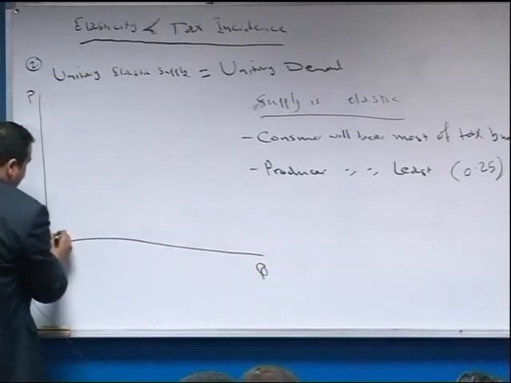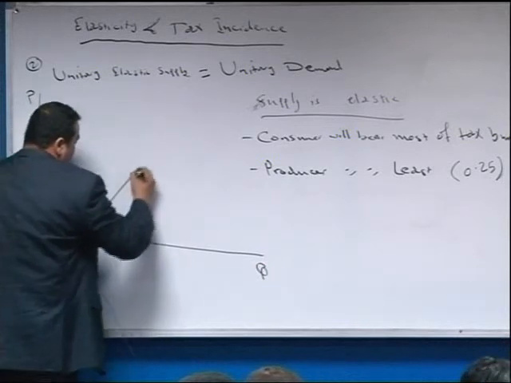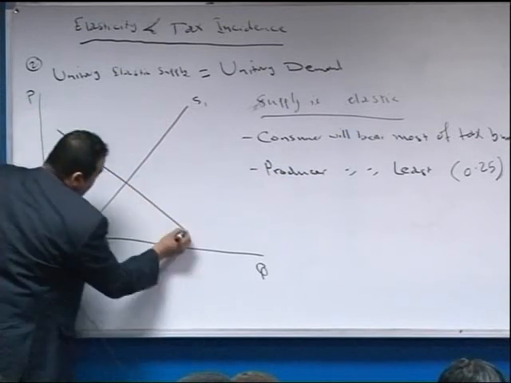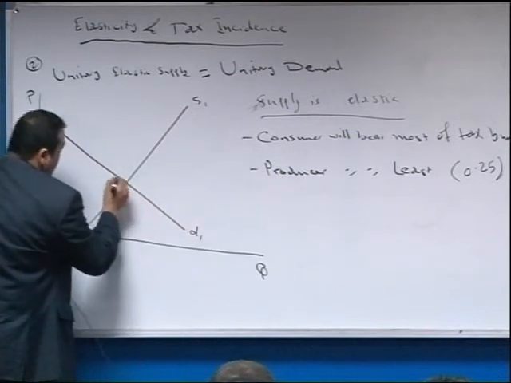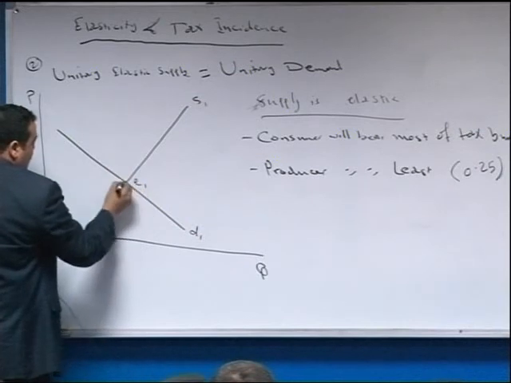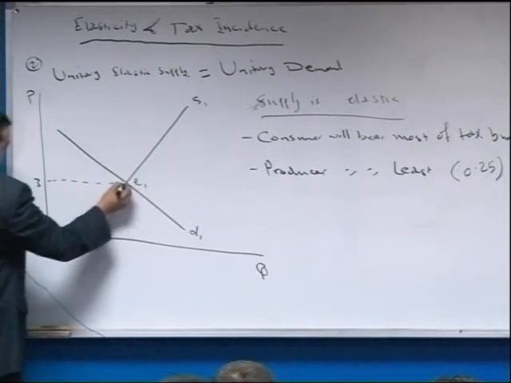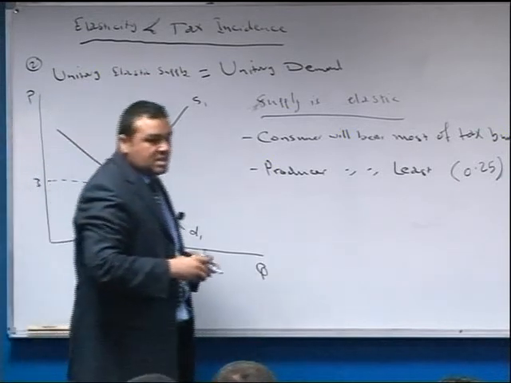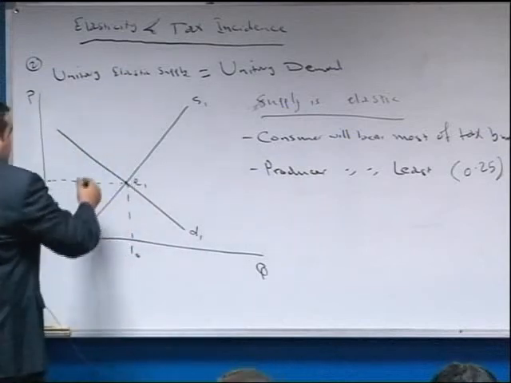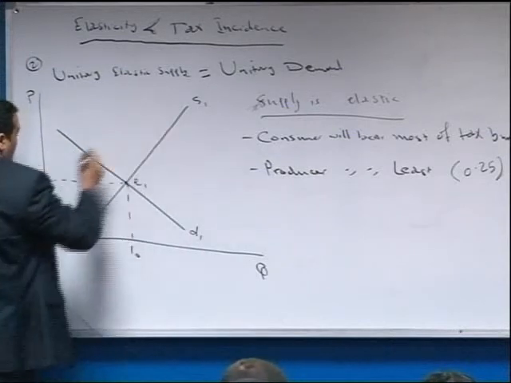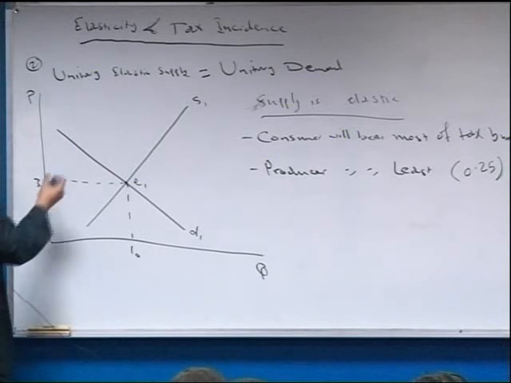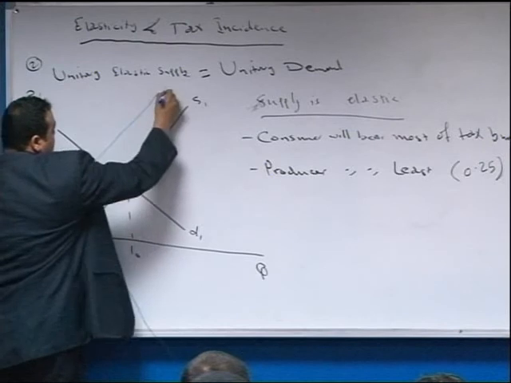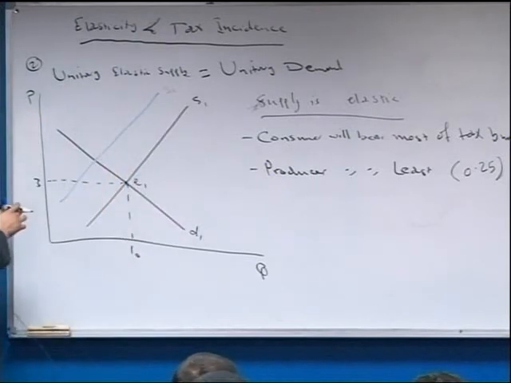P, Q, and supply is unitary elastic, S1, D1. This is E1, 3, 10. When the government sets a tax of $1, there is a leftward shifting of the supply curve to S2.